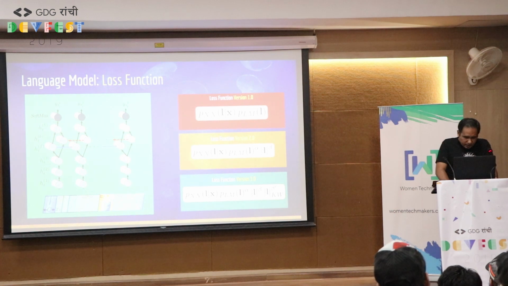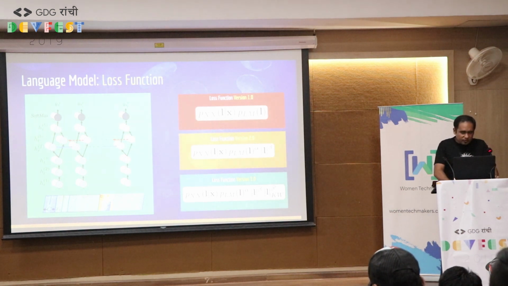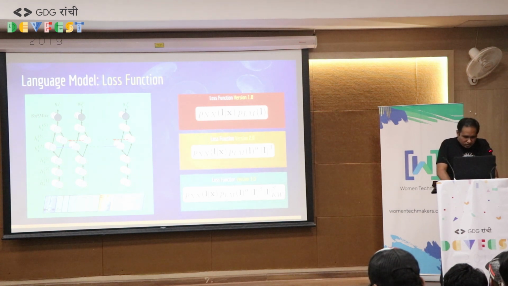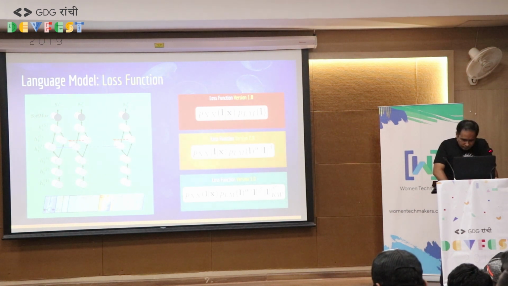The naive way was to take this probability from the neural network, conditioned on the acoustic information, and multiply it by the probability for this particular sequence of characters according to the language model. That's our version 1.